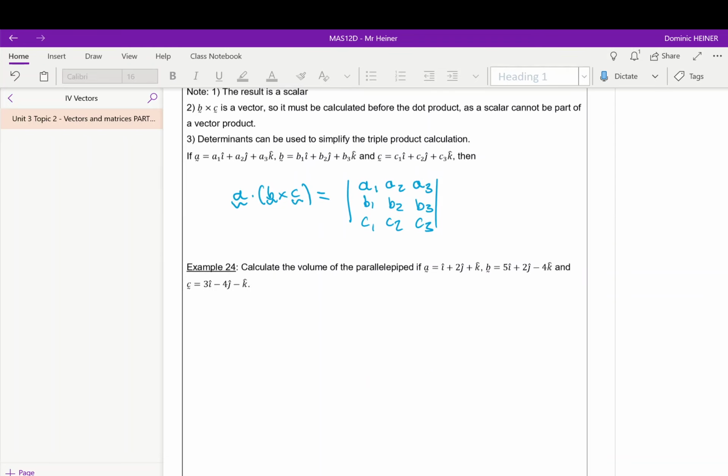So let's apply this. Calculate the volume of the parallelepiped if A is i plus 2j plus k, B is 5i plus 2j minus 4k, and C is 3i minus 4j minus k.